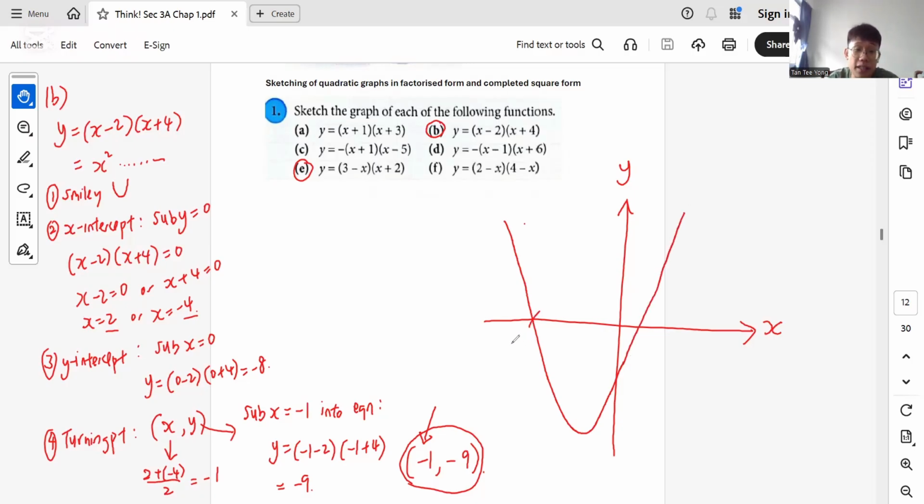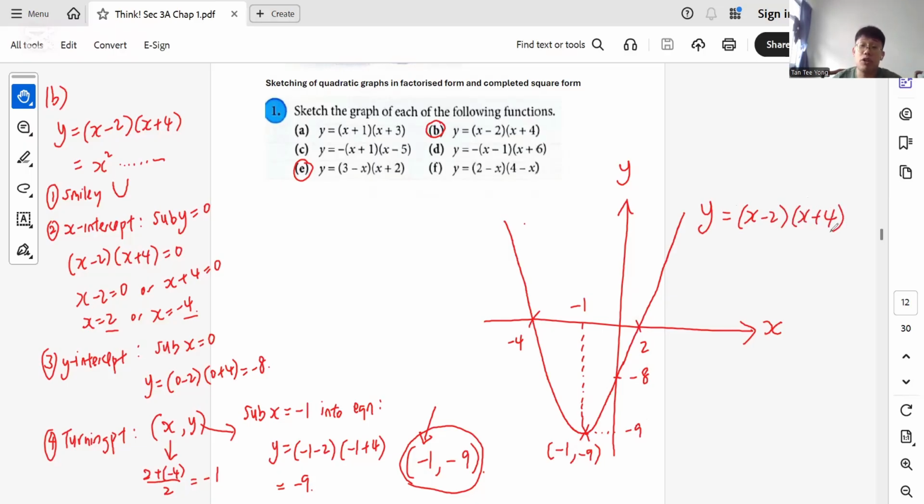So this is negative 4. This is 2. This is negative 8. And then my lowest point here is negative 1, comma, negative 9. So this is like negative 9. This is like negative 1. Okay, so y equals to x minus 2, x plus 4.